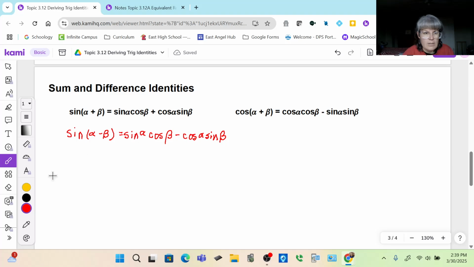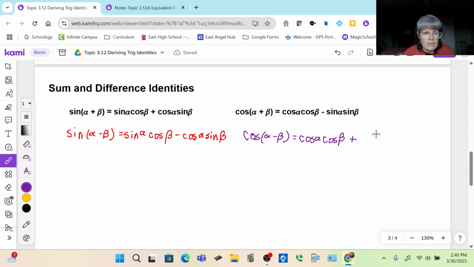For the difference, it's going to be cosine alpha minus beta equals, we're still starting out with that cosine alpha, cosine beta, but when we're finding a subtraction of angles, we actually have a plus here.